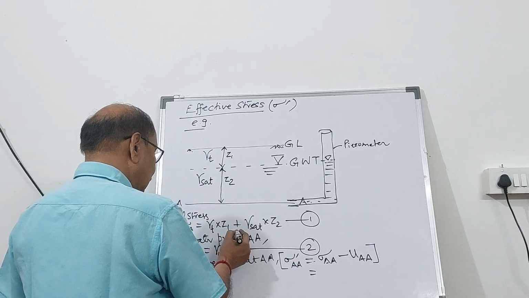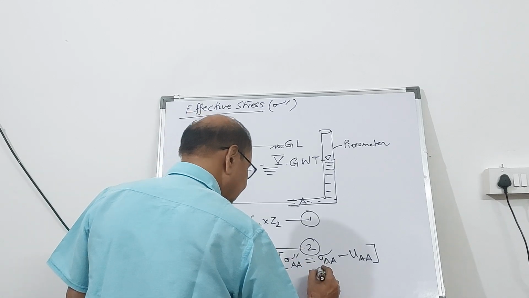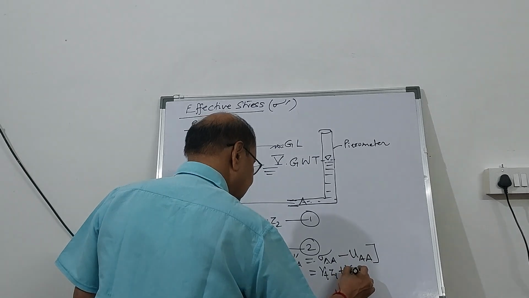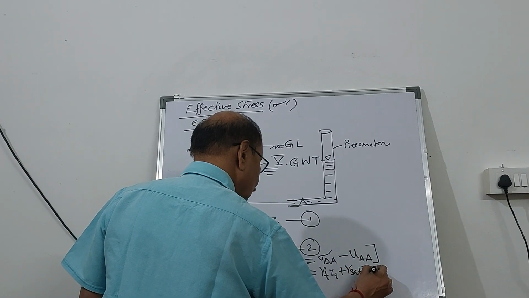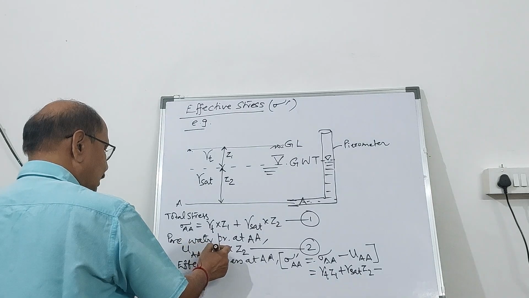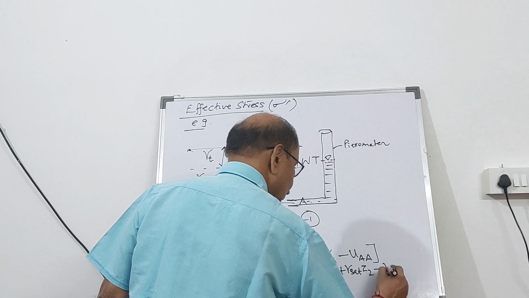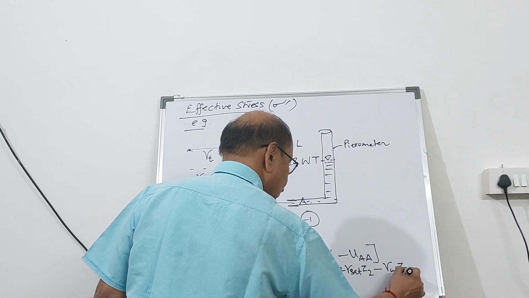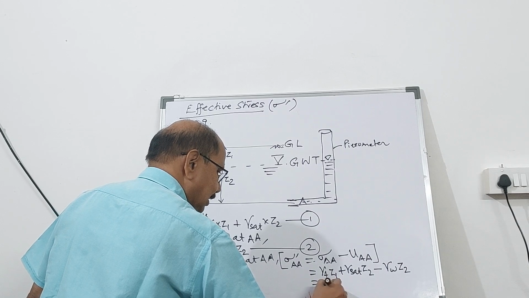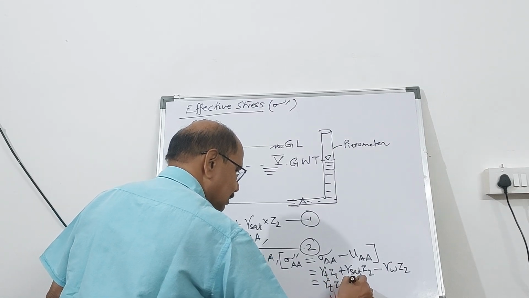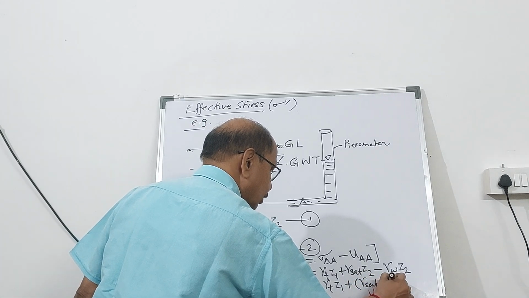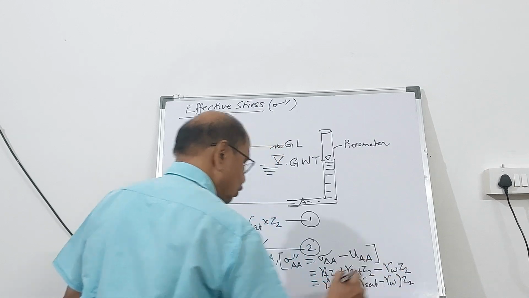So it is gamma T Z1 plus gamma sat Z2 minus the unit weight of water into Z2. Therefore, it is going to be gamma T Z1 plus gamma sat minus unit weight of water into Z2.